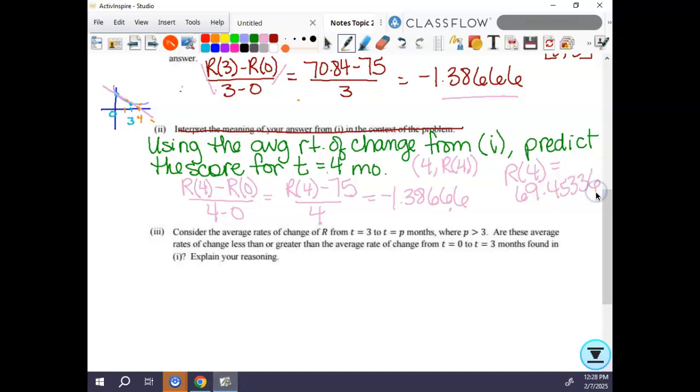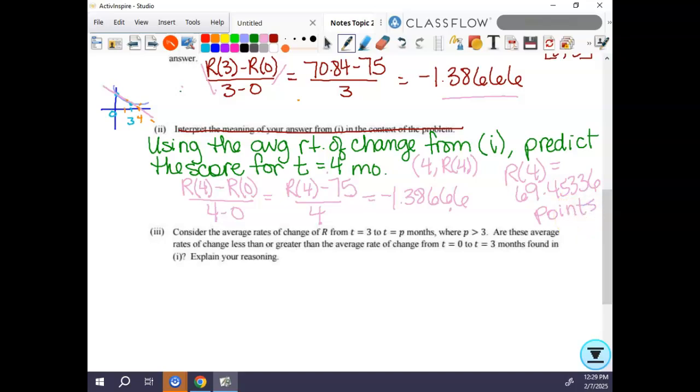And if you have 333, it's fine to write 333 because you copied and pasted. Both answers would be considered correct. What are my units here? It's 69 what? Points, right? Points. Is that a reasonable answer, do you think?